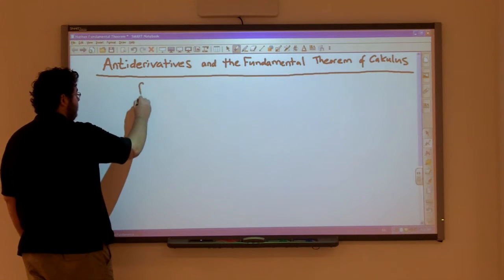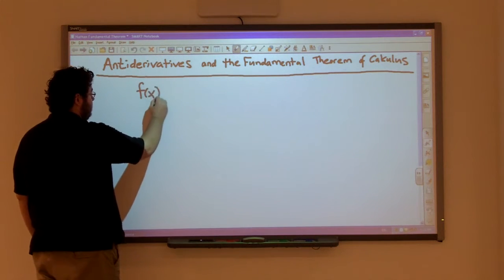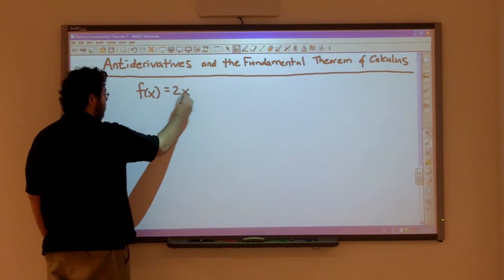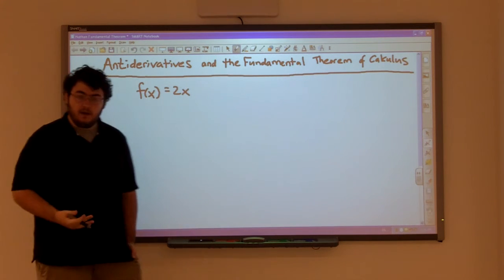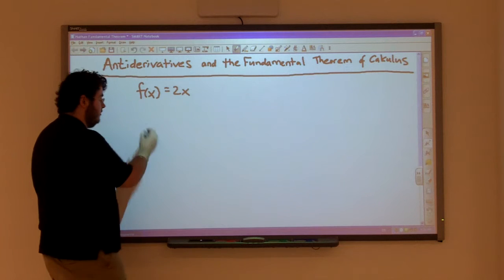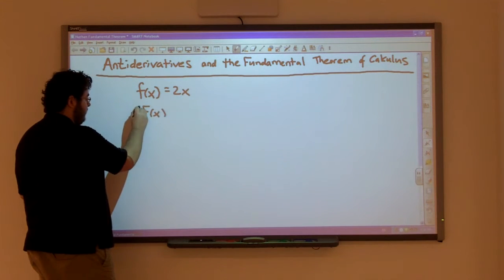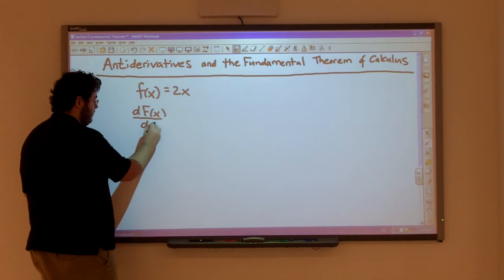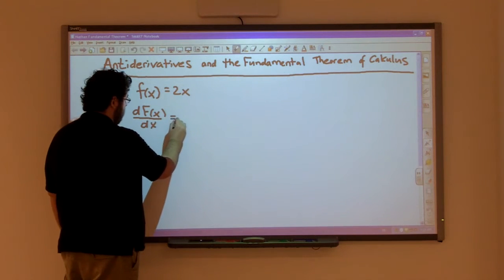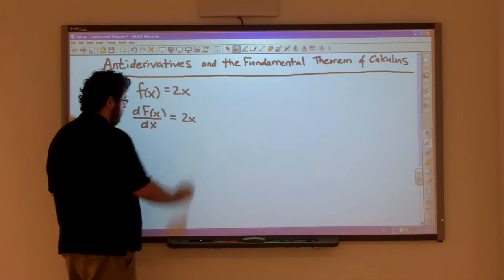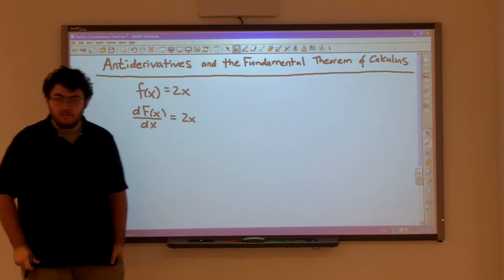Let's say we're given a function, f of x equals 2x. I want to know, is there a function, we'll call it capital F of x, such that its derivative is equal to 2x?